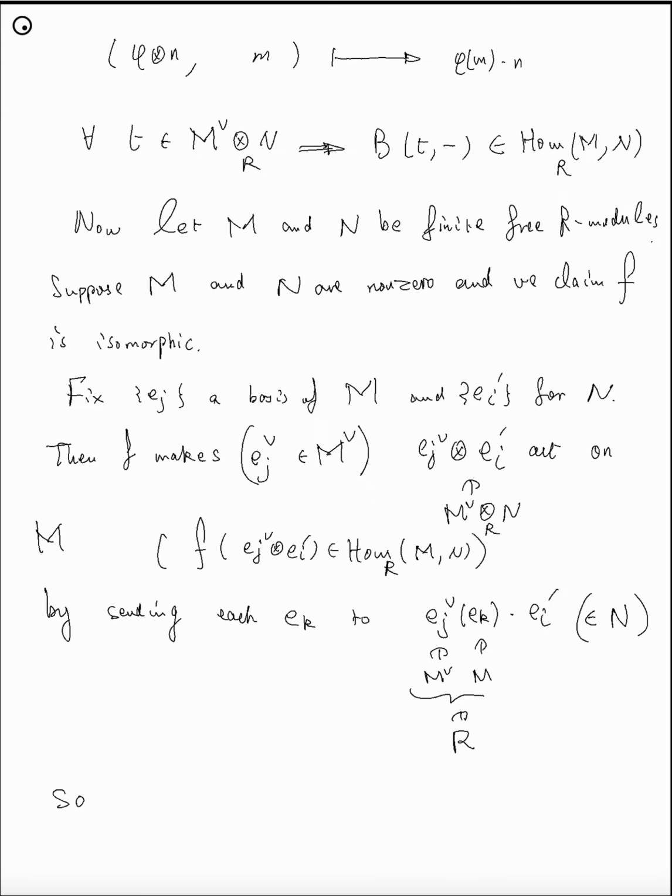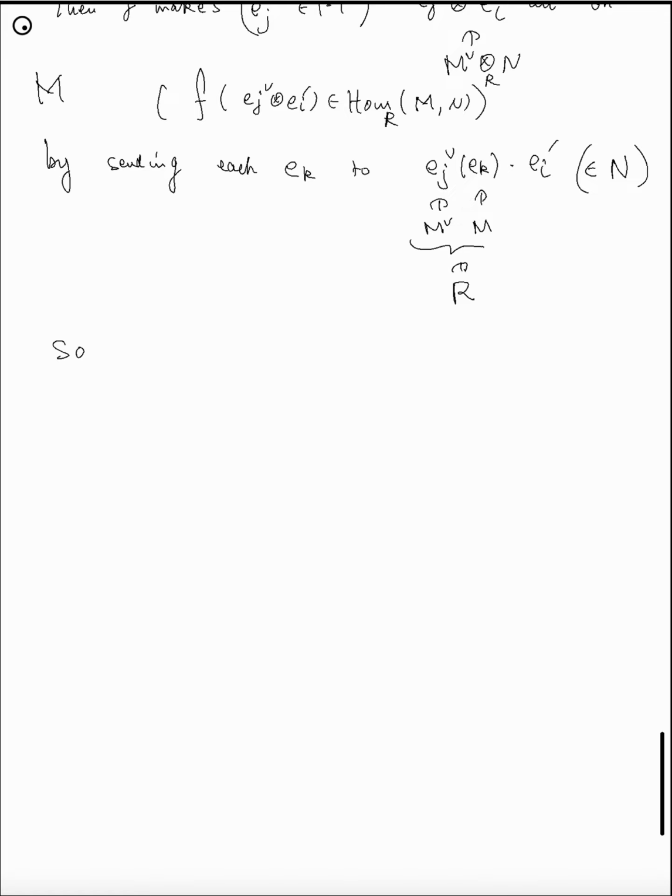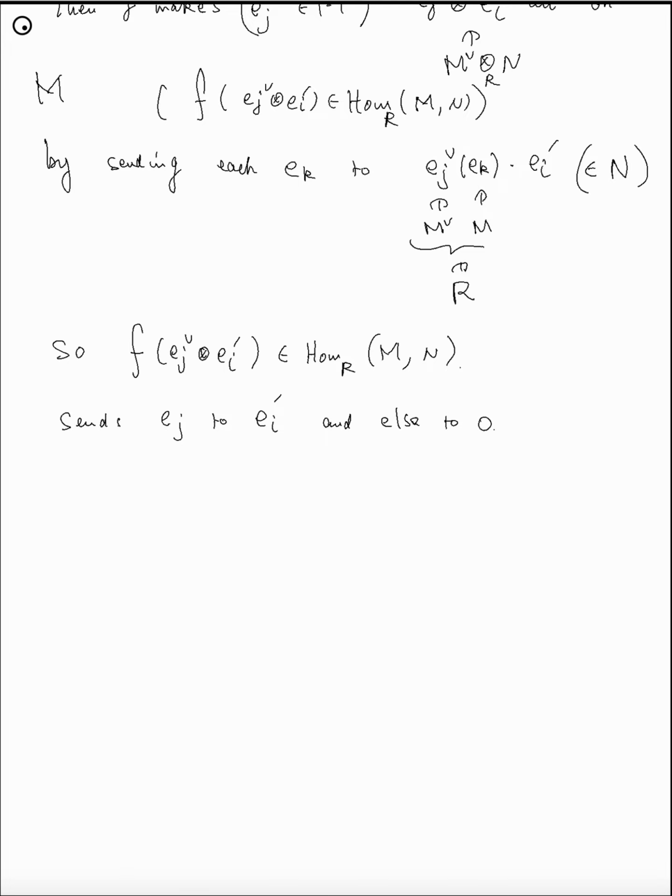So to summarize, this F of e_j dual tensor e_i prime is a linear map from M to N. I'm just defining its image on the basis and extending linearly. It sends e_j to e_i prime and the others to 0.